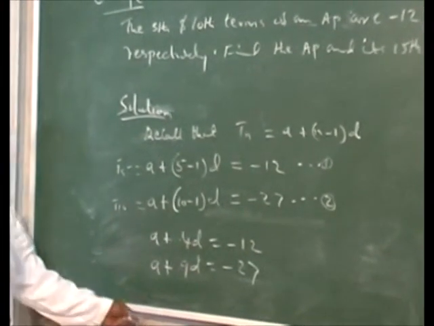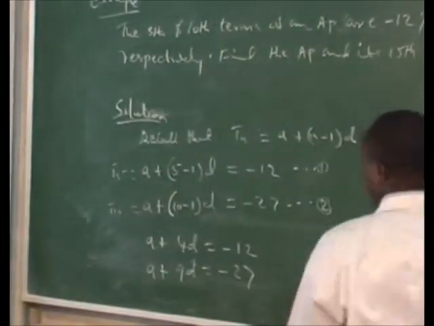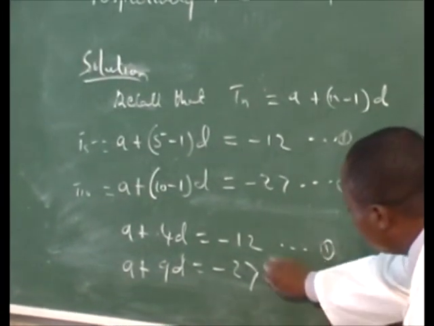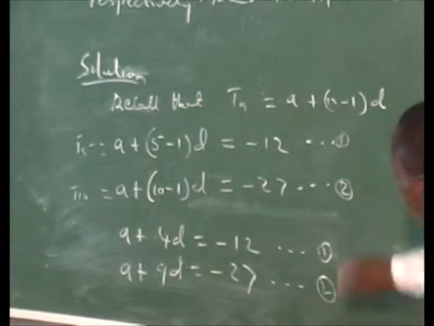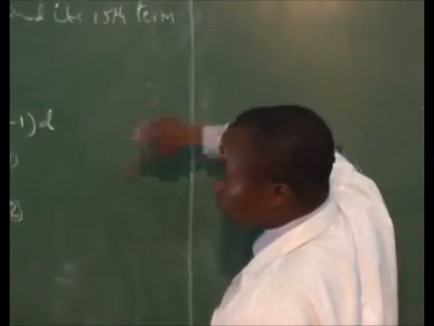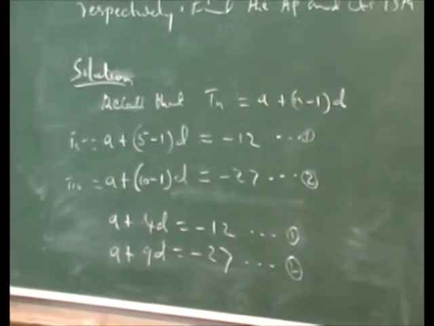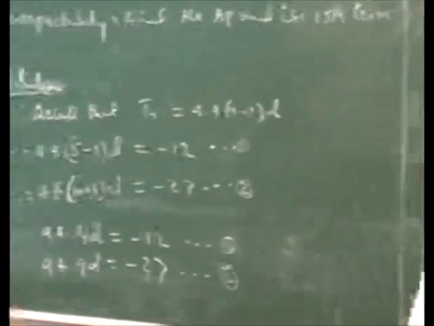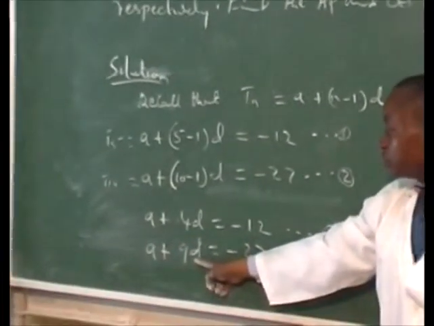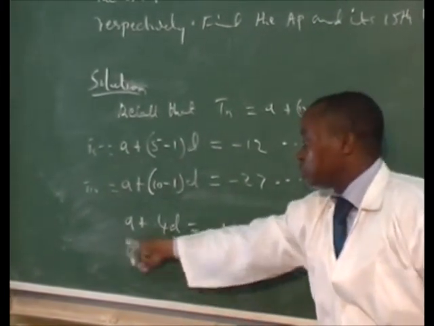So solving these simultaneously, I'm going to subtract equation 1 from equation 2. If I do that, I will have 5d, since 9d minus 4d gives me 5d, and a minus a is 0.